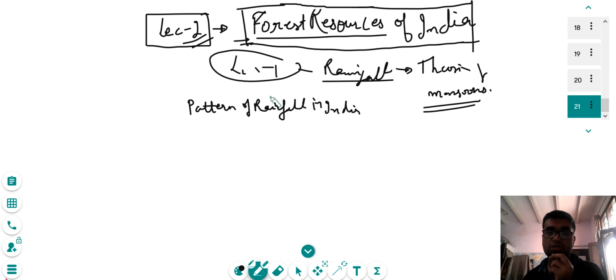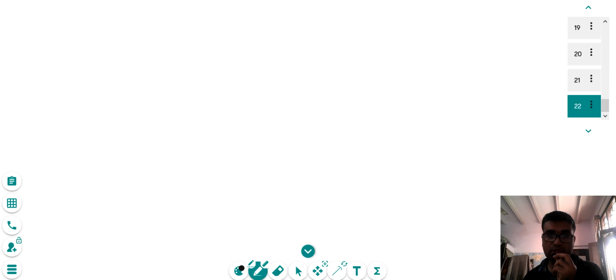So let us first discuss the pattern of rainfall in India, and after that we will start with the forest resources of India. The pattern of rainfall in India is basically dictated by the topography of India.